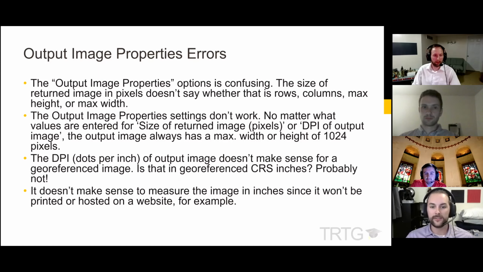And dots per inch of the output image doesn't make sense for georeferenced imagery. Is it georeferenced in CRS inches? Probably not. And it wouldn't make sense to measure the image in inches anyway, since it will not be hosted on any website or printed.